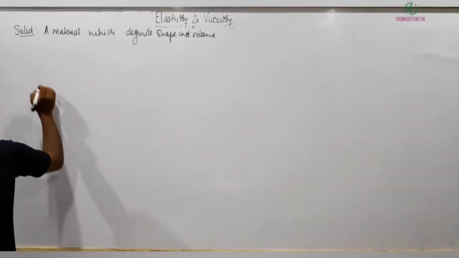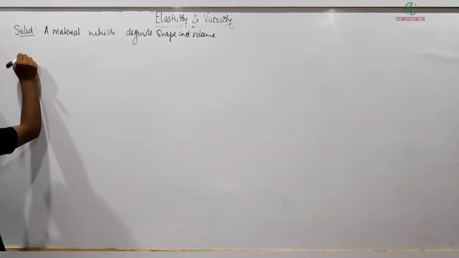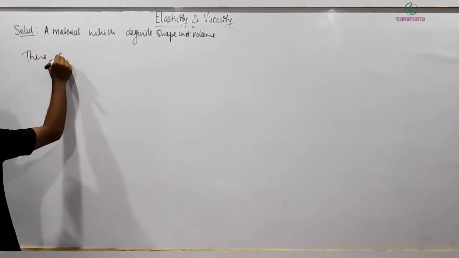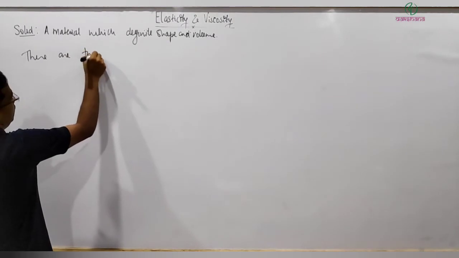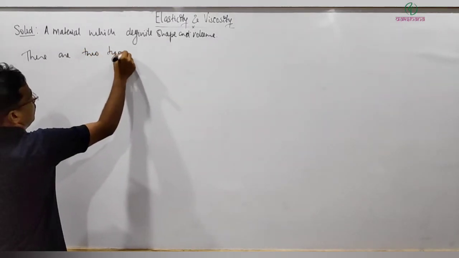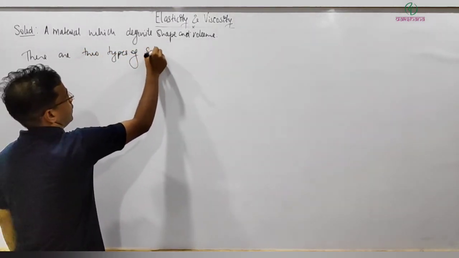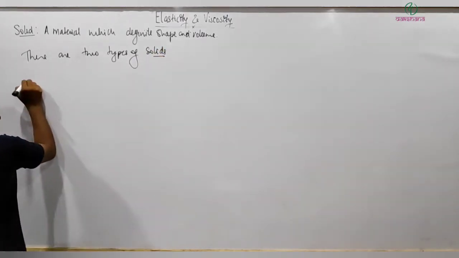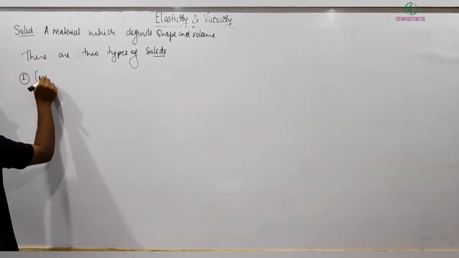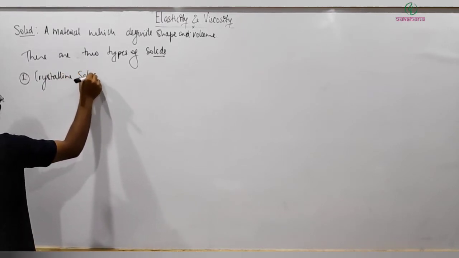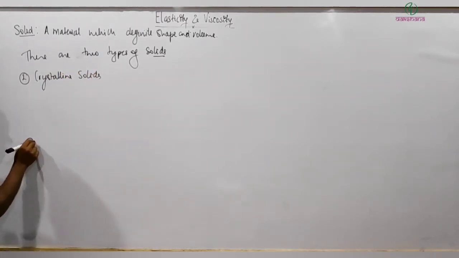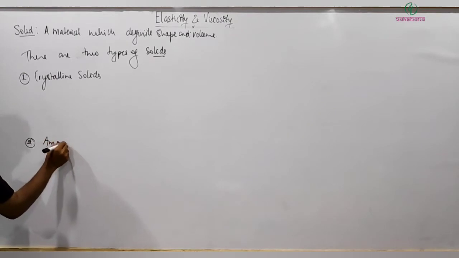There are two types of solid. One is crystalline solid and amorphous solids.